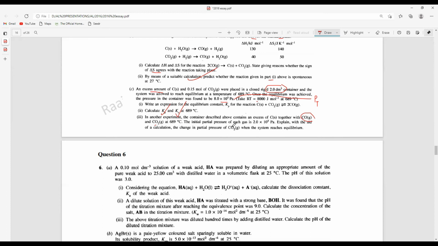They have given the initial pressure of each gas. So this is 2 into 10 to the power 5, and this is also 2 into 10 to the power 5. Explain with the aid of a calculation the change in partial pressure of CO2 gas when the system reaches equilibrium.